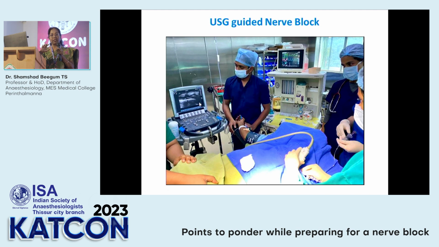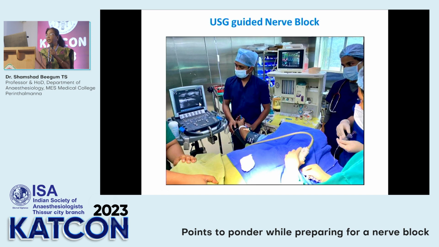We can reduce the volume of the drug to be injected, and we also closely monitor how it is performed, that is, the path of the needle going around the nerve. All of you might have seen the USG guided nerve block, isn't it? Everybody might have seen.